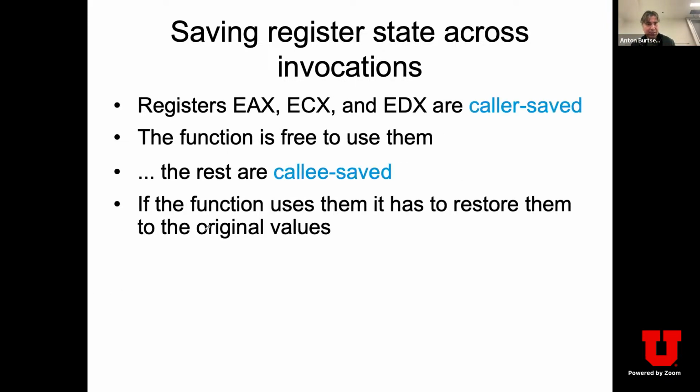In the convention which I'm describing, registers EAX, ECX, and EDX are caller saved, meaning that you invoke a function foo with a call instruction. You had some value of EAX here. You don't have any guarantees about the value of EAX after the invocation of a function, right?